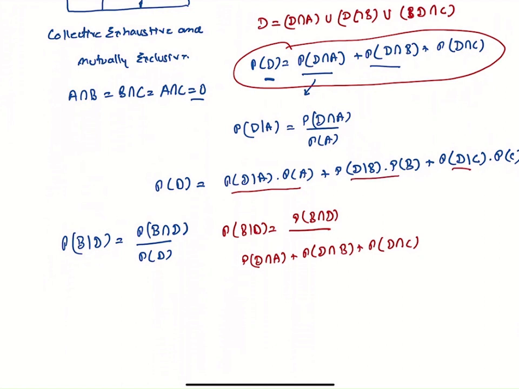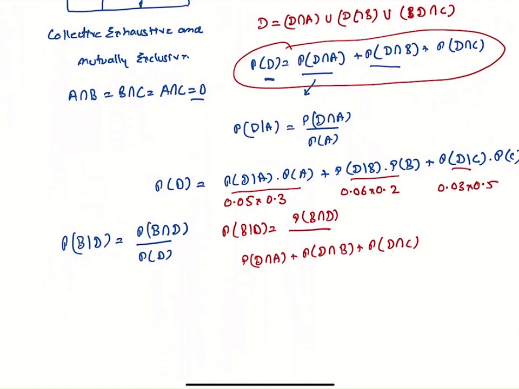The probability of D defective given A is 0.05 and the probability of A is 0.3. The probability of defect given B is 0.06 times 0.2, and this is 0.03 times 0.5. And the probability of B and D is the same as this one.